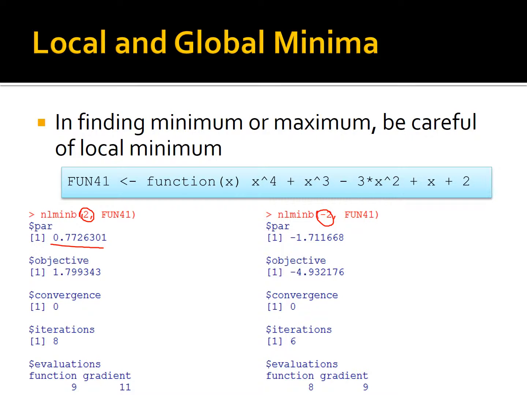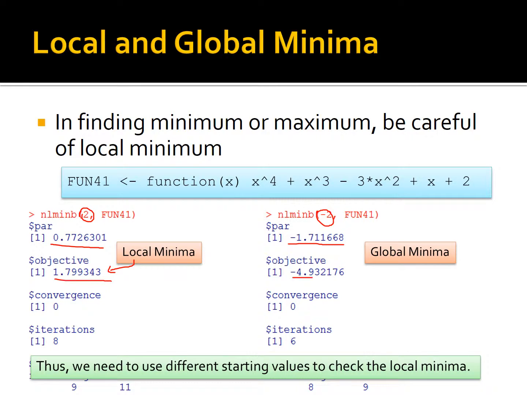But when I start with negative 2, I got negative 1.71. You see, we get two different results. However, the left hand side would be the local minima because it's equal to 1.79, and the right hand side is the global minima because it's equal to negative 4.93. So every time we use the nlminb or optim function, we need to make sure that we use different starting values to avoid local minima. Okay?